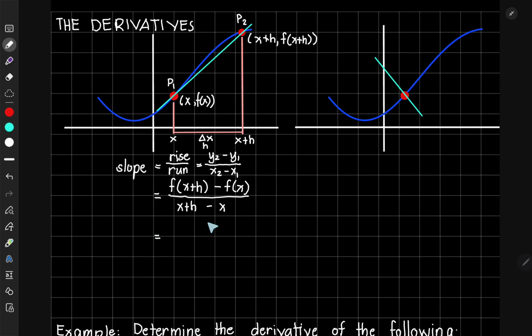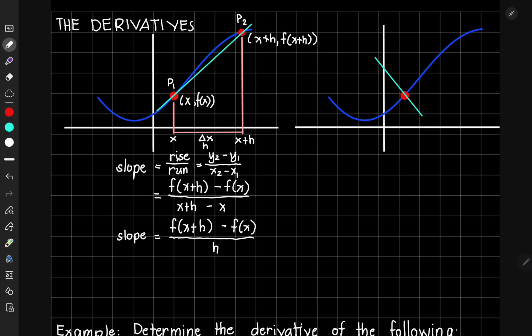So simplifying yung denominator, we have x minus x, magka-cancel out lang yung dalawang x, magiging h lang yung denominator. So for the numerator, is still f of x plus h, then minus f of x. So this is all over h, and this one would be the formula for the slope of this secant line.